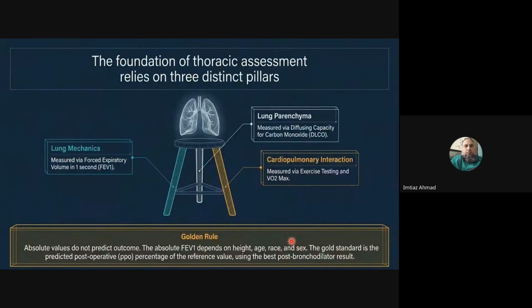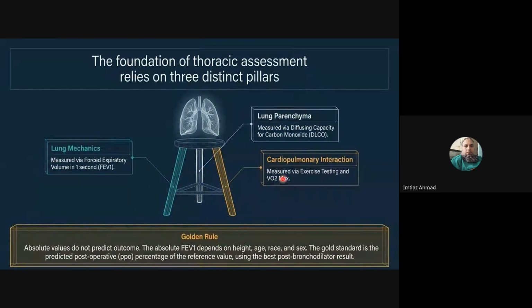Now, the thoracic assessment relies on three distinct pillars. Number one is lung mechanics, which is measured by forced expiratory volume in 1 second. The other one is lung parenchyma, which is measured by diffusing capacity for carbon monoxide.